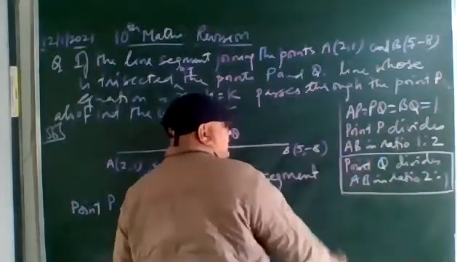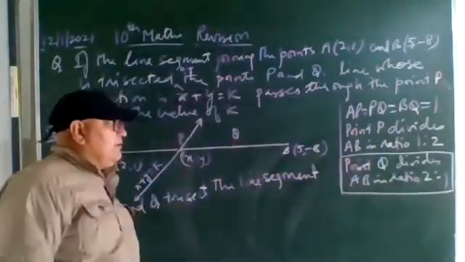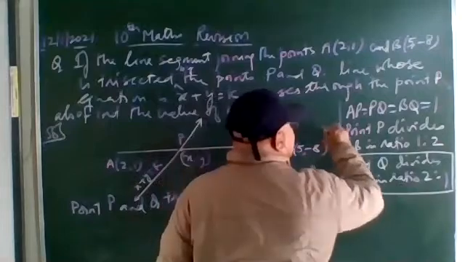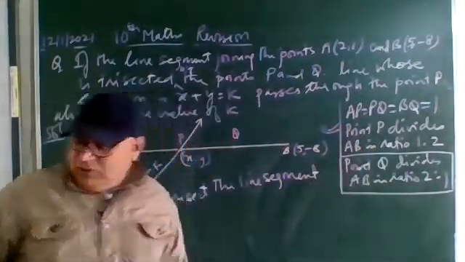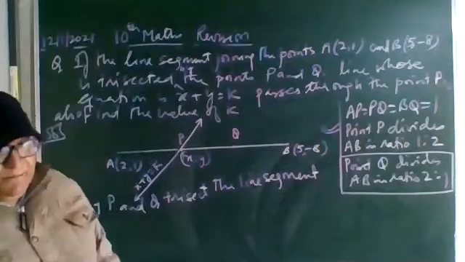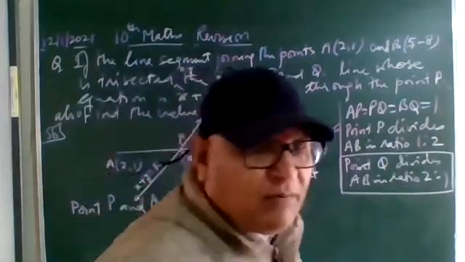This is not needed, I have already explained. But in the question, what is needed? Point P divides AB in the ratio 1:2. Now you know the section formula.